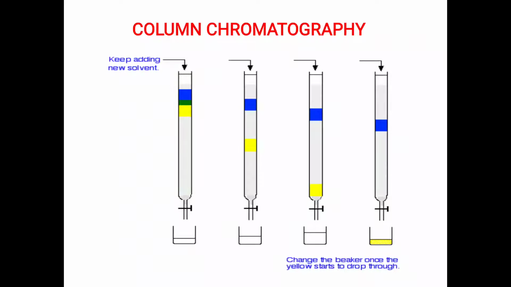The process of removal of all the components with solvent, the mobile phase, is called elution, and the removal of the sample components along with the mobile phase is called eluent.